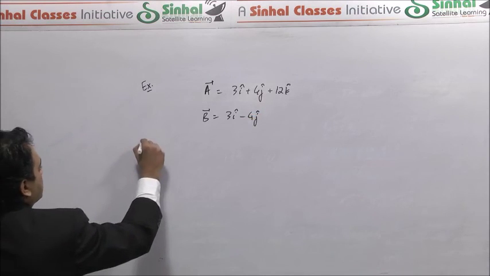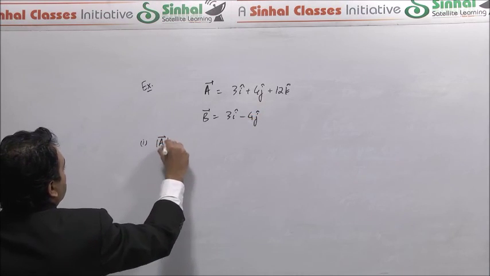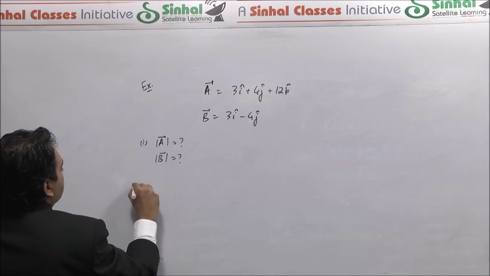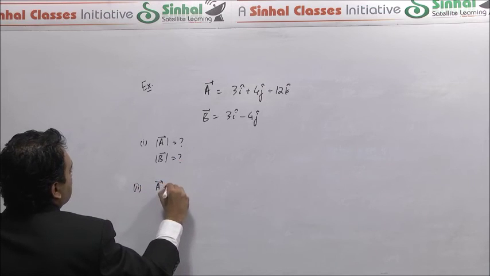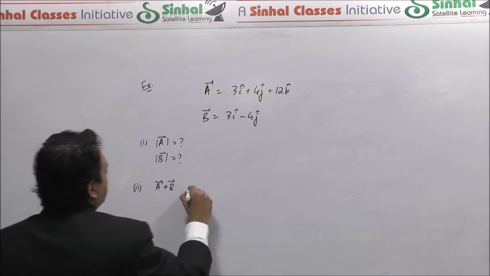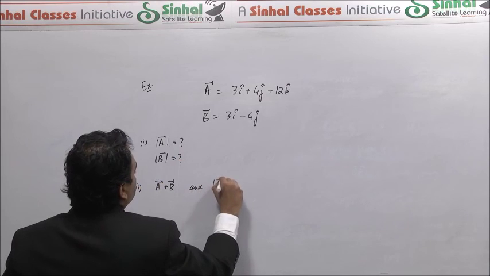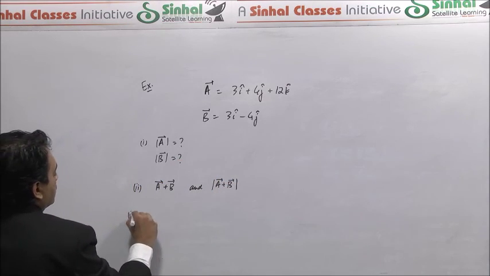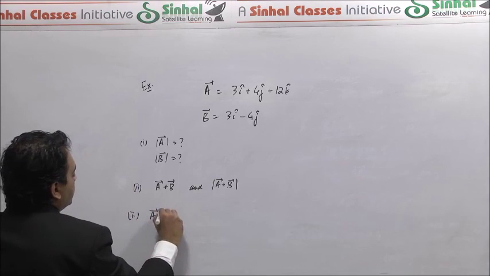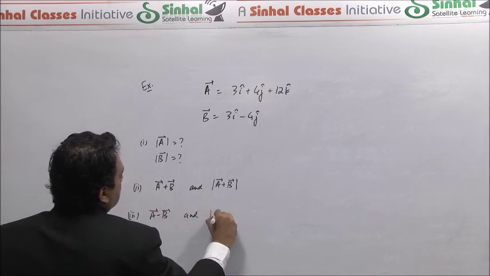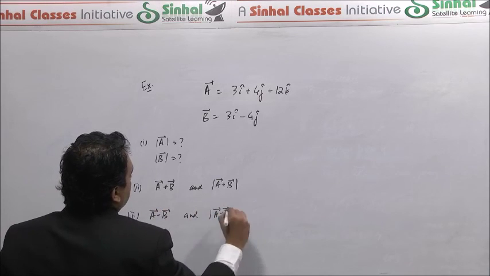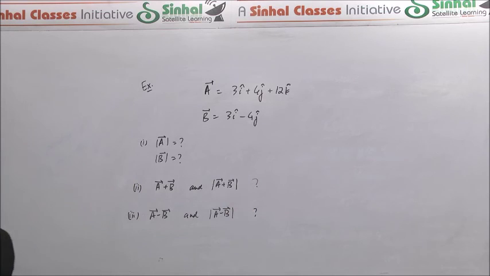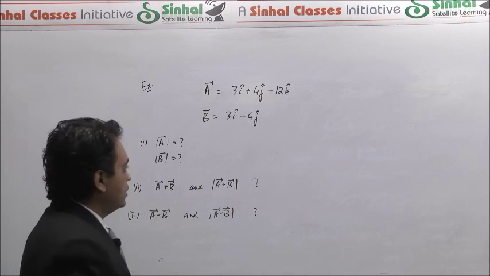Firstly, we want to find the magnitude of A and the magnitude of B. Secondly, we want to find the vector A plus B and the magnitude of A plus B. And third, we want to find the vector A minus B and the magnitude of A minus B. So, very simple type of application here.